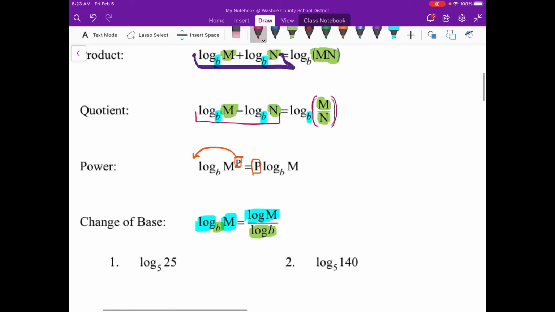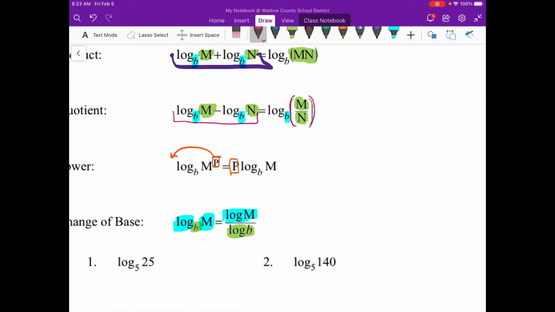Now, we work with bases of 10 in our numbers. So a little side note here, if there is no base, we're going to assume it is 10. And this is what your calculator is going to automatically go to. If you don't put a base, it's just log base 10. And this will make a little bit more sense here in a moment.